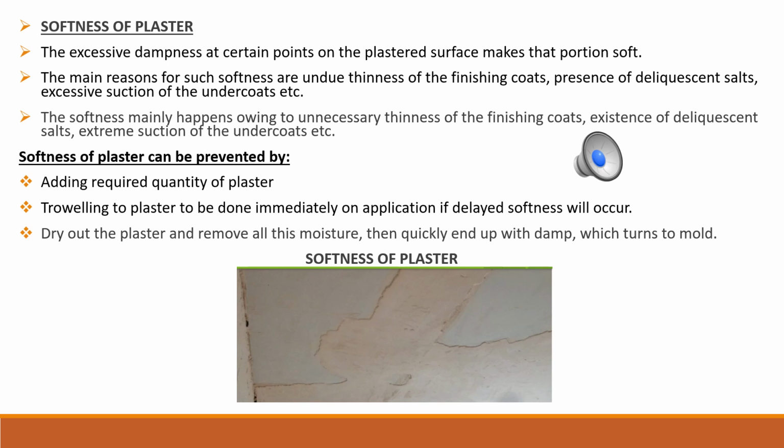The mason also has to take care that immediately after applying the mortar on walls or structure, he uses the trowel and smoothens the surface as early as possible so that it is not softened. Then let the moisture dry, and only then can we finally trowel the plaster to get a smoother surface without the moisture and without softening.